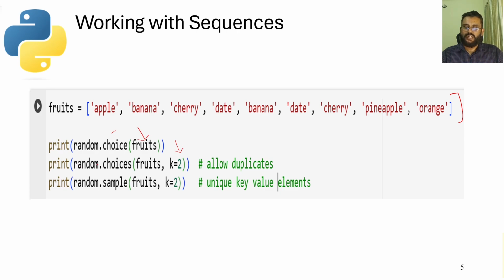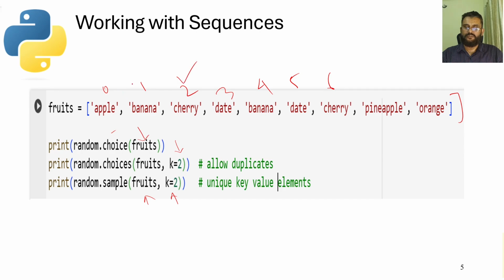And the last one is random.sample, and for fruits, again I am passing the list and I am passing the k. The difference between the choices and the sample method is that in the sample method, it does not select values from the same index of the list again. So it is possible that, for example, here 0, 1, 2, 3, 4, 5, and 6.